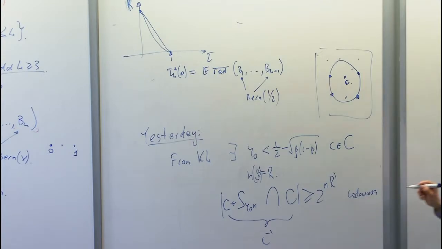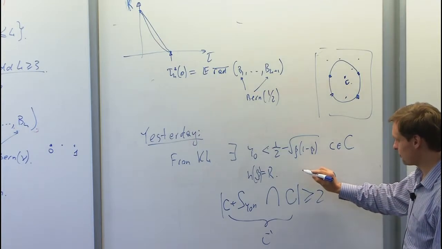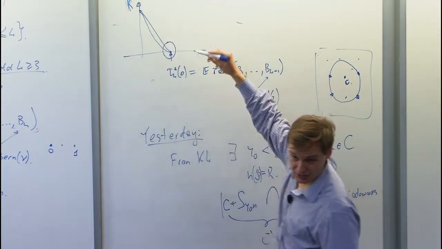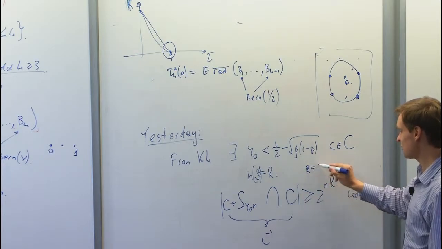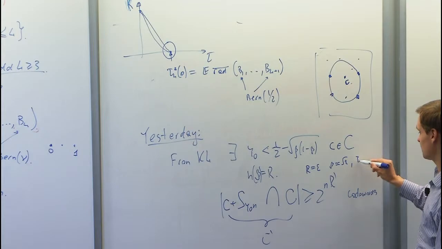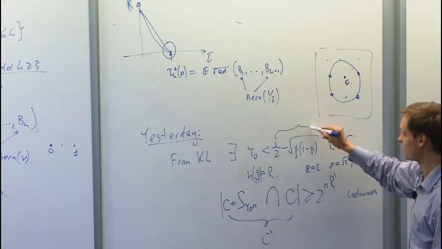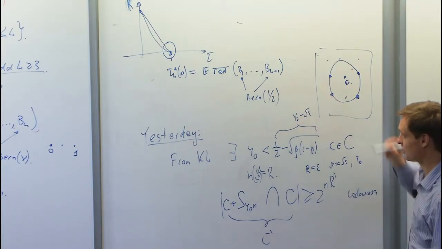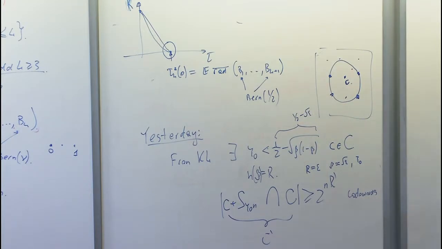Okay, so for example, we're going to be mostly interested in this regime: when rate is epsilon, then beta is root epsilon, and this point psi 0 is going to be 1/2 minus root epsilon. That's important. So these are the parameters and the psi 0.